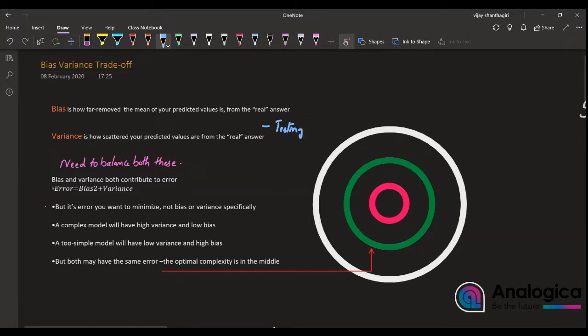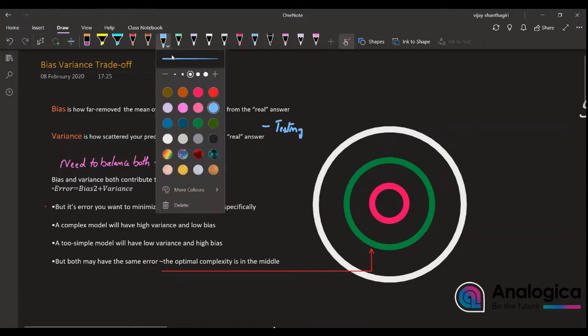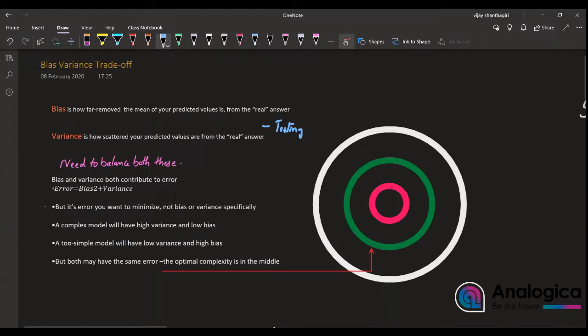So let's say what we have on the side are circles: pink, green, and white. Let us say this pink field is where, if your prediction is good, it'll fall here. If your prediction is really bad, then this is where it'll fall. And if your prediction is average, then you'll end up in this band.